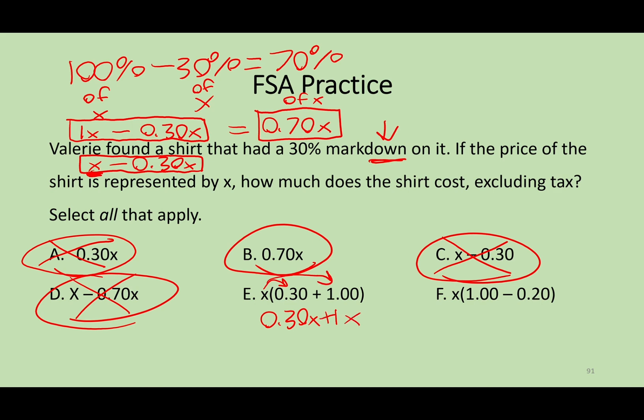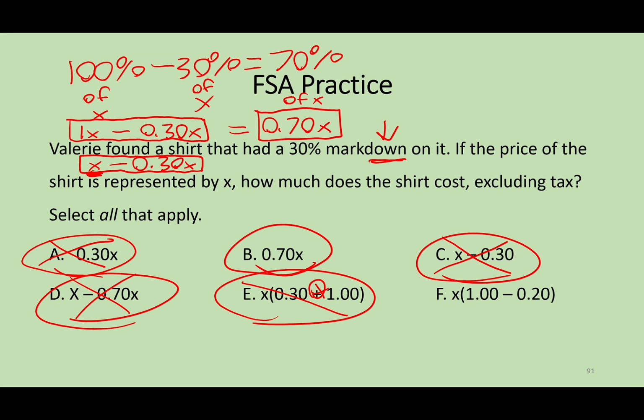Wait, this is a markdown. They're adding. I didn't have to do any of that work. They're adding. This has to be wrong. E is wrong. And then let's go ahead and check this one. X times 1 is 1x, and x times 0.2 is 0.2x.